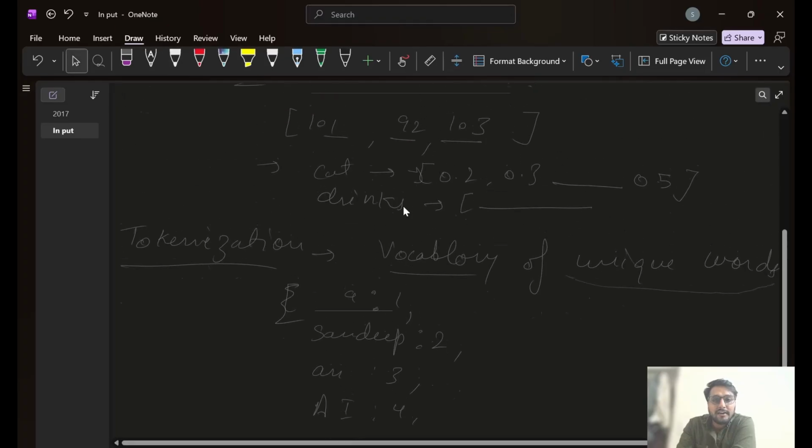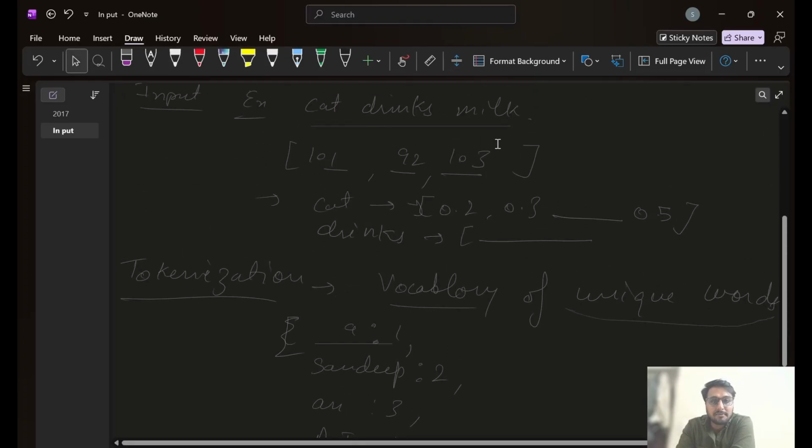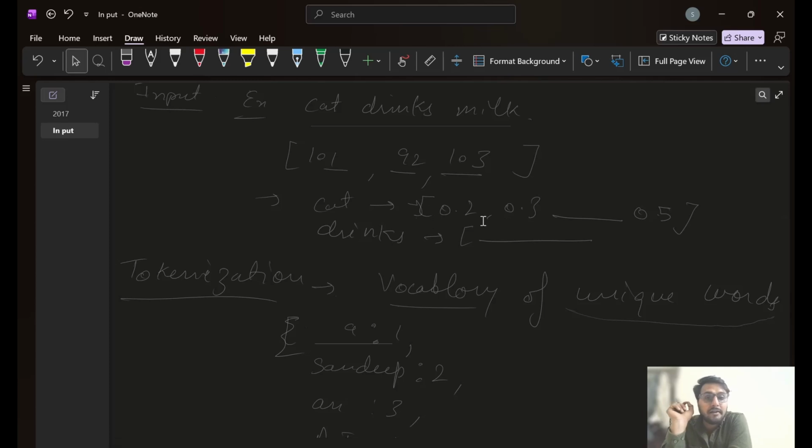That is what we did in the example cat drinks milk. Imagine this is our vocabulary and cat is at index 101, so we said 101 is the unique ID of cat. After that we do vectorization of each unique ID. We assign a vector to each unique ID, and the vector is random. Why did we take a random vector? Because after that we are training neural networks.